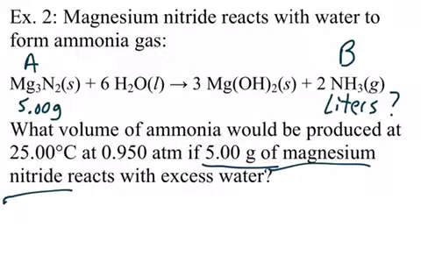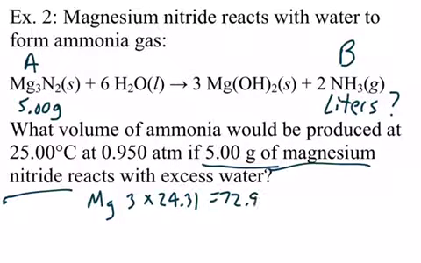Let's find the molar mass of magnesium nitride. There are 3 magnesiums, and each one from your periodic table is 24.31. When you multiply that by 3, that's 72.93. And there are 2 nitrogens. Each one is 14.01.